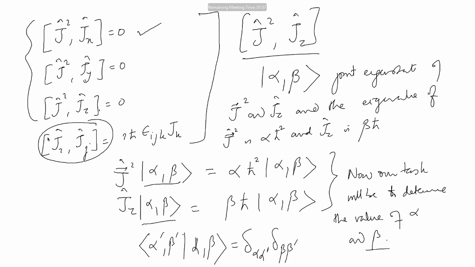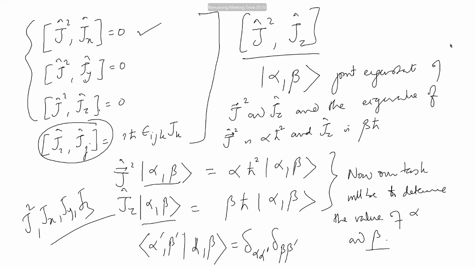But here, although J square independently commutes with Jx, Jy and Jz, Jx, Jy, Jz do not commute among themselves. Therefore, you cannot have a common eigenstate for all these four operators.